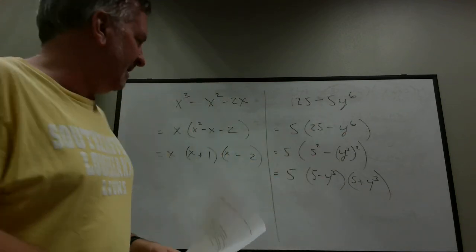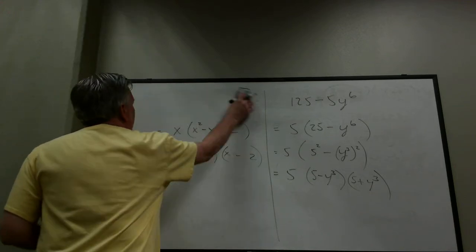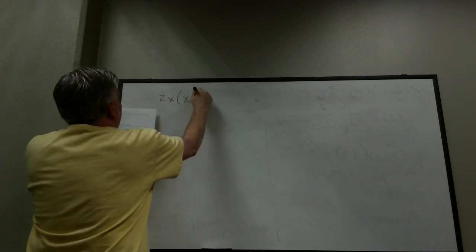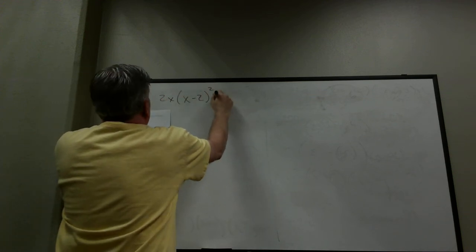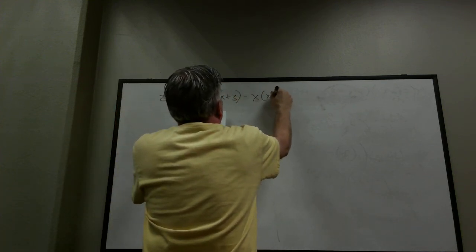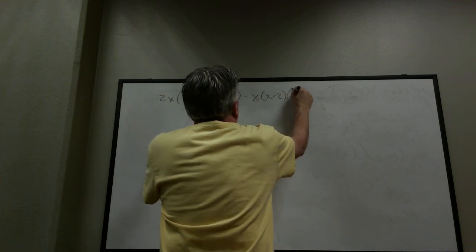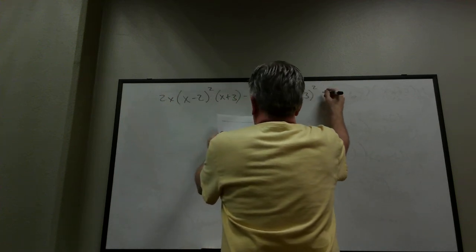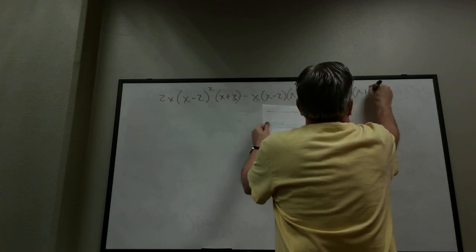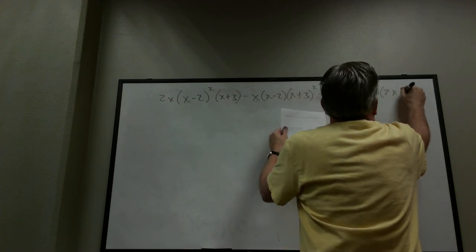Now this last example, wow, it looks like a horrible mess. But these are the types of expressions that show up in calculus, which is why I made this one up. So 2x times x minus 2 squared times x plus 3, minus x times x minus 2 times x plus 3 squared, plus x minus 2 times x plus 3 times 7x minus 4.